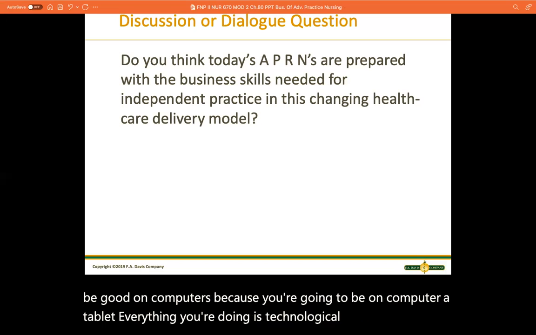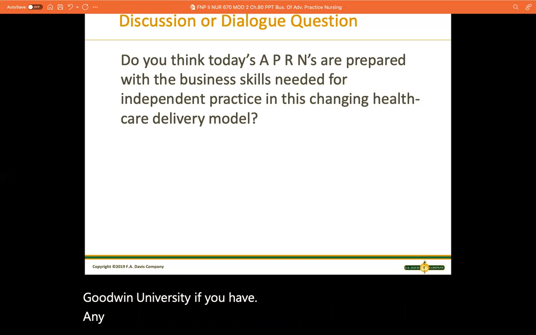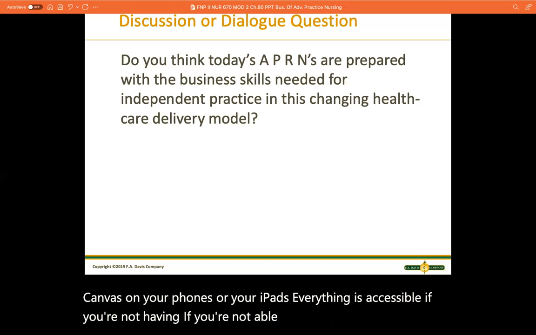Okay, so I'm going to just mention to you guys, reach out to our tech support within Goodwin University if you have any issues with your computer, your phones, accessing Canvas on your phones or your iPads. Everything is accessible. If you're not able to get access, please reach out to our tech department.